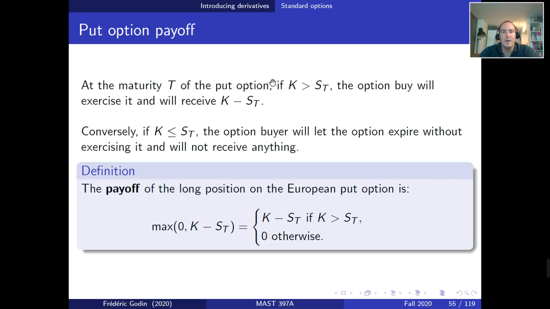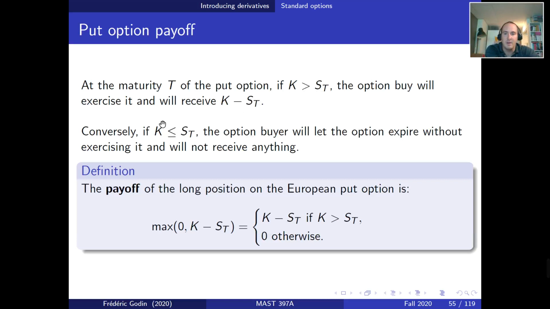Okay, so if at the maturity K is greater than ST, then the option buyer will decide that the trade will happen. He will receive K and give the underlying asset, which is worth ST. So in total, the value of that exchange would be K minus ST. This is the value of what he receives minus the value of what he gives, and in this case, this cash flow would be positive.